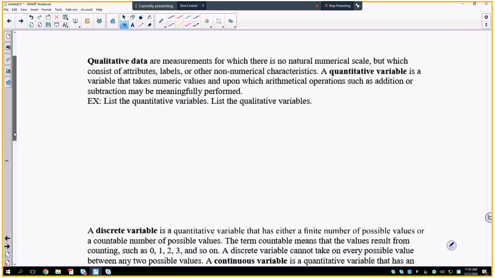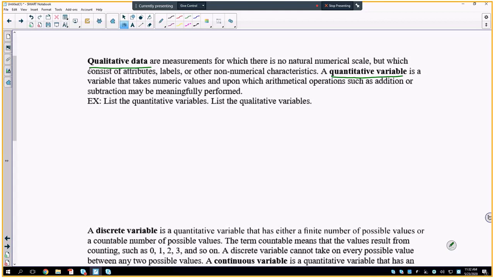So a couple more definitions here. I want to talk about qualitative data versus quantitative data. And there's a little hint there in the name. Qualitative data are measurements for which there is no natural numerical scale, but consists of attributes, labels, or other non-numerical characteristics.